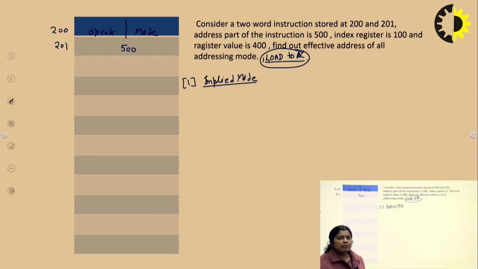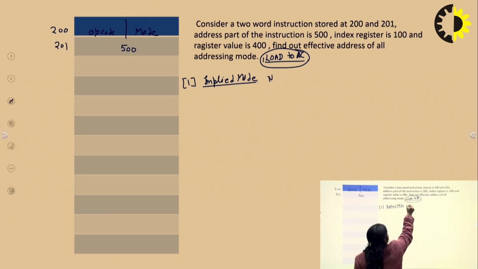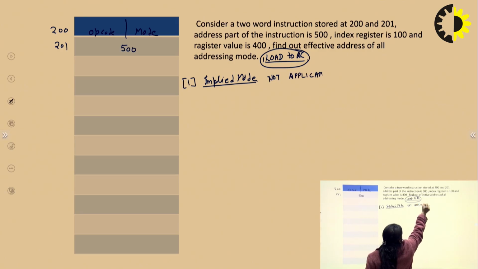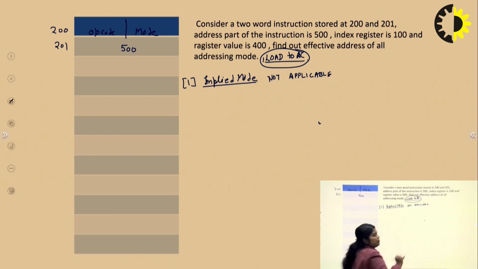Load to AC means what? In the accumulator, you have to store something, but you don't know actually what is going to be stored. That's why here we can write that it is not applicable. Simple. This is not applicable.